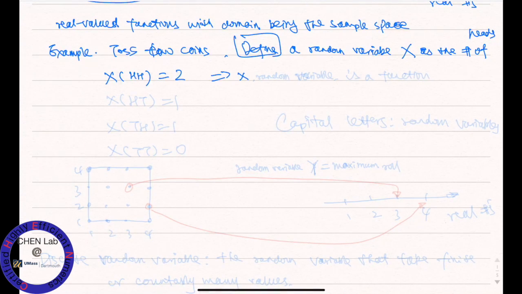This is the random variable X. It will map HT to 1, it will map TH to 1, it will map TT to 0, because of the definition of what you mean by that random variable. So its definition is very important.